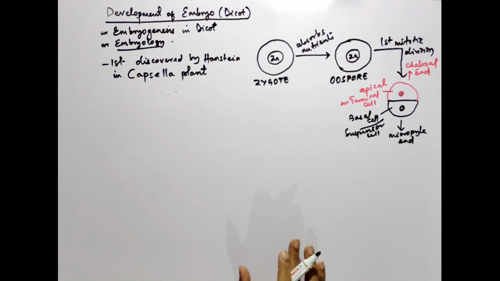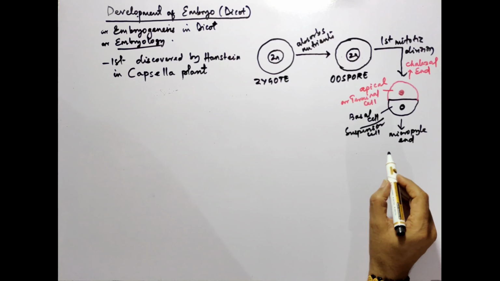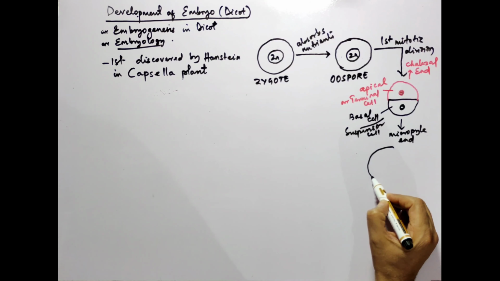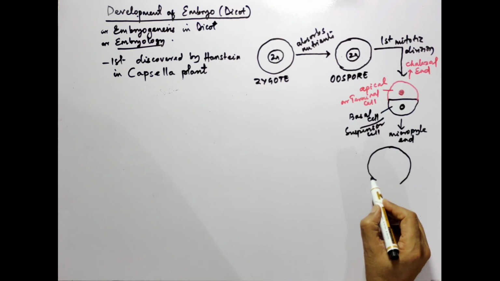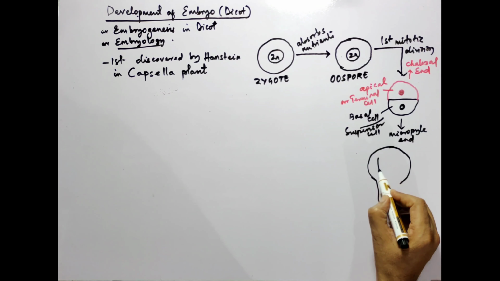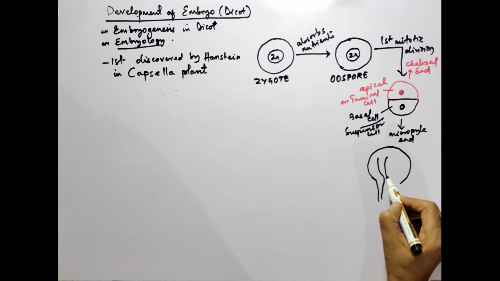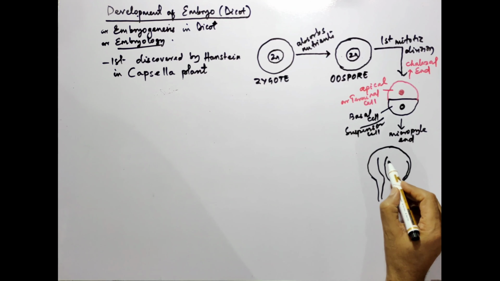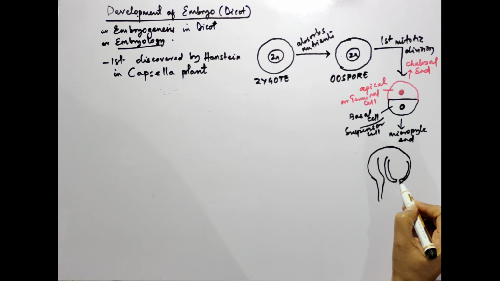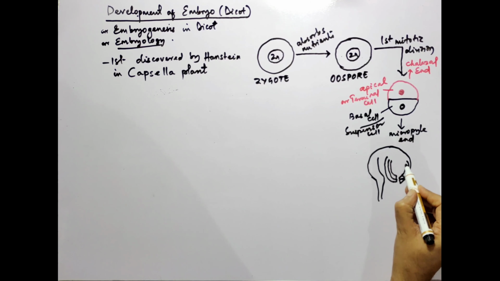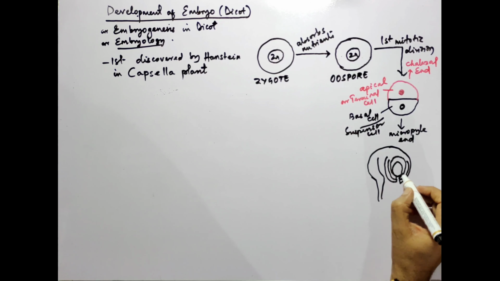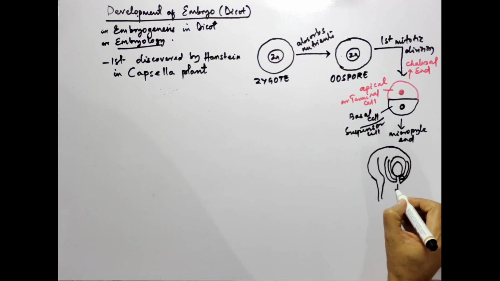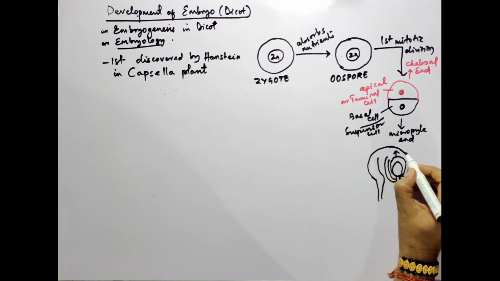We can also see how this takes place inside the ovule. If we draw the structure of ovule, what we have already discussed in the previous videos, here is the embryo sac, this is the micropylar end, and this is the chalazal end.